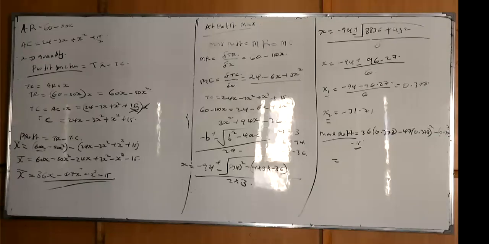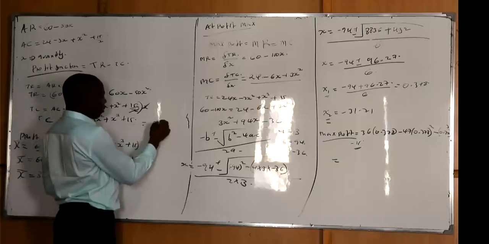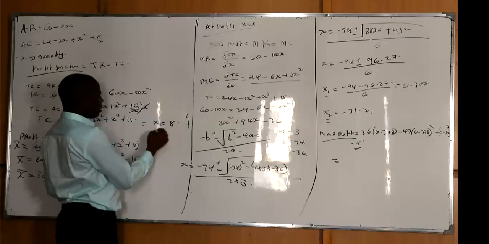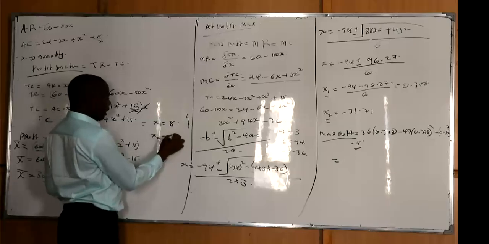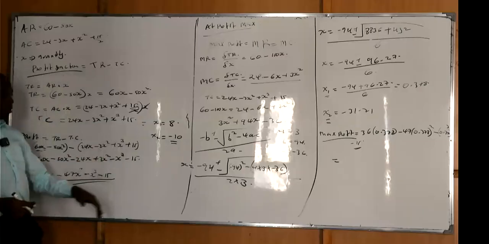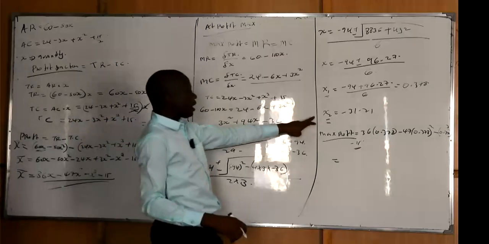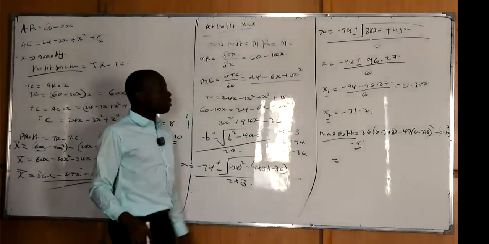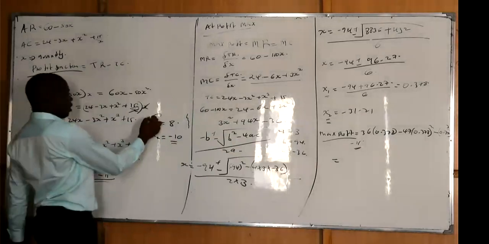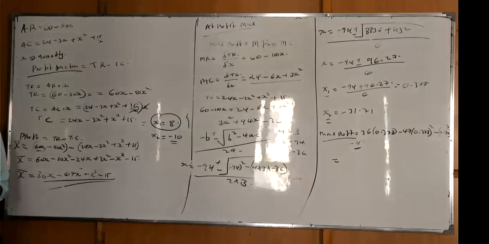In an exam situation, when you get, for example, x1 equal to something like positive 8, then x2 something like negative 10, and these are quantities, you can't produce a negative quantity. So just put x1 and x2 as we have done, but to get the maximum profit, use the positive figure. Okay? Use the positive figure.